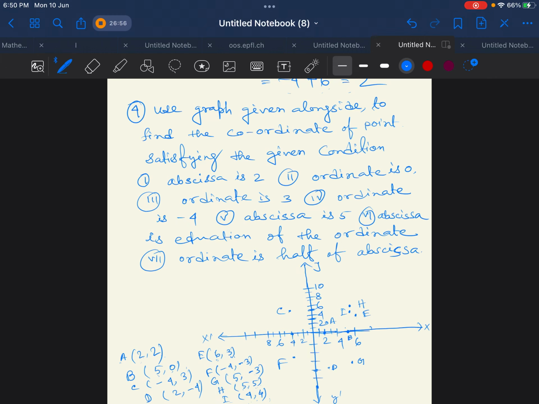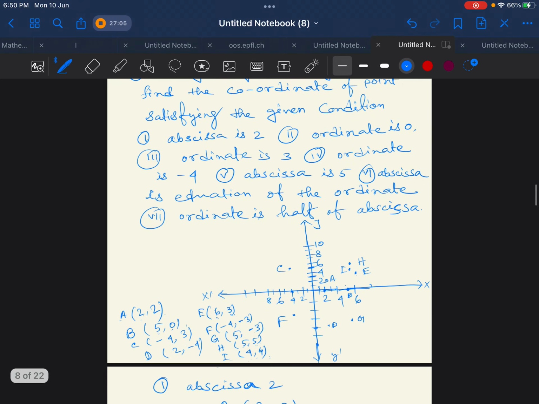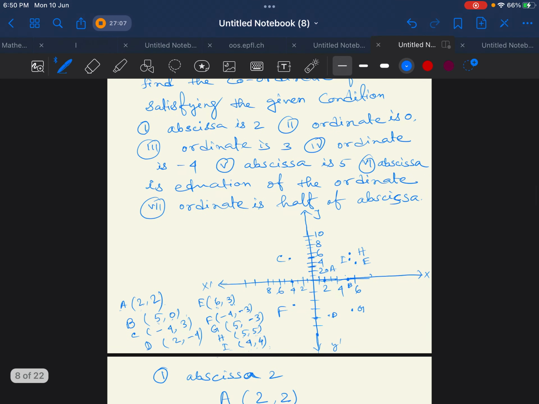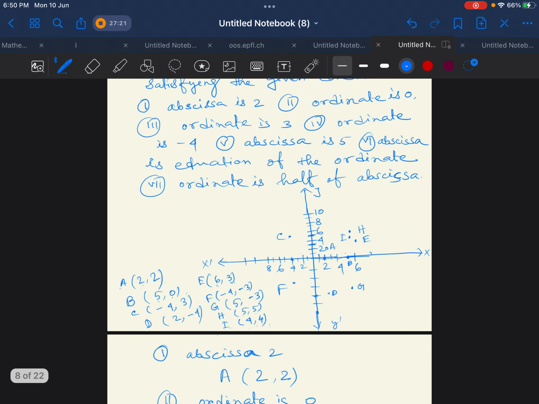When this condition is satisfied, then we get the coordinates of the point. Okay, first condition, abscissa is 2. Abscissa 2. Then ordinate can be anything.